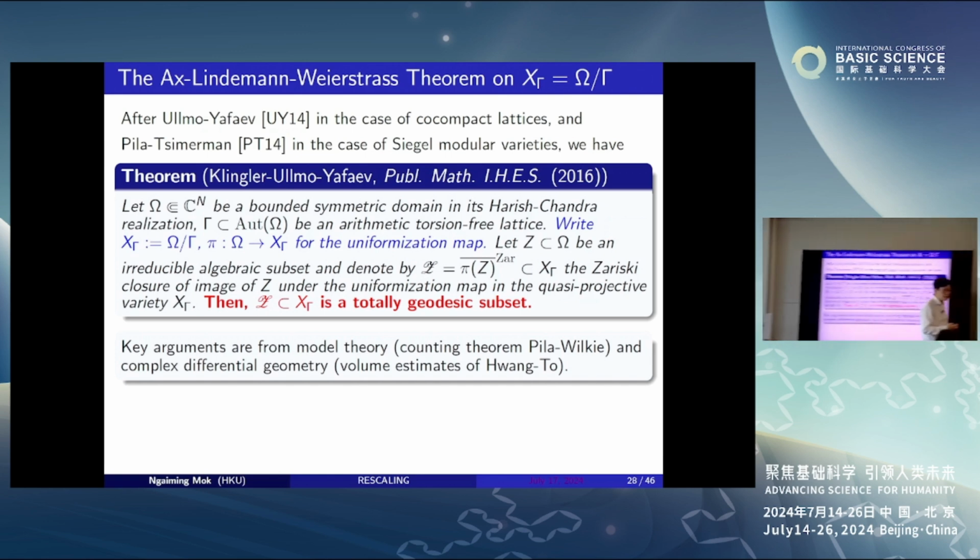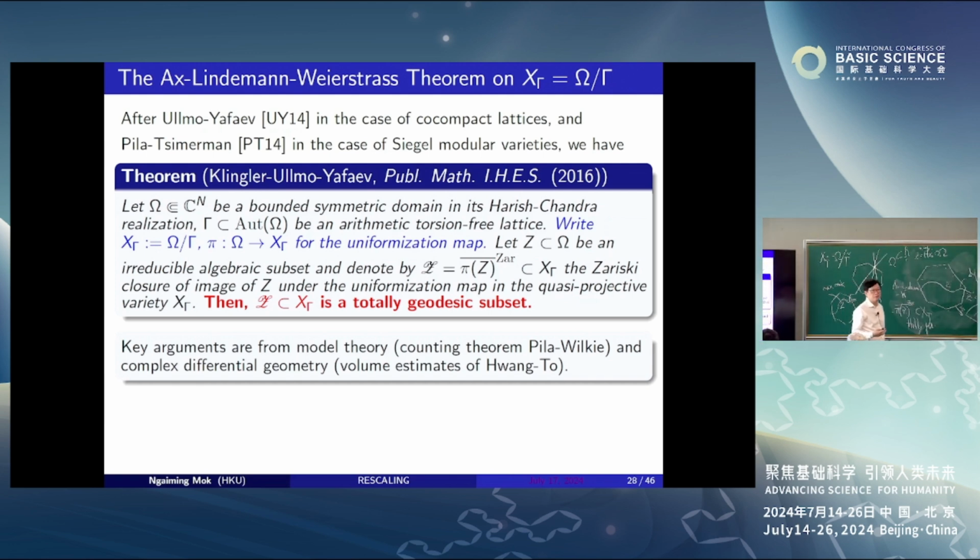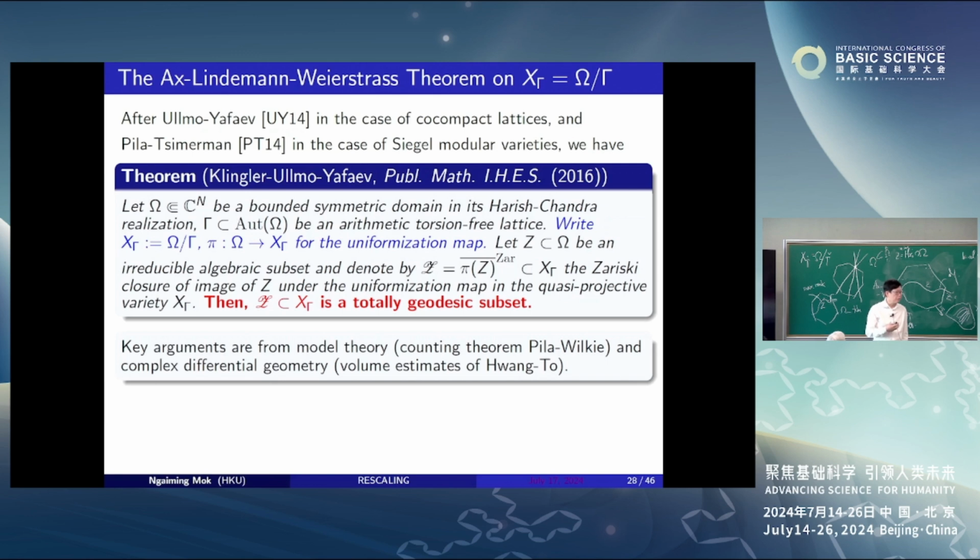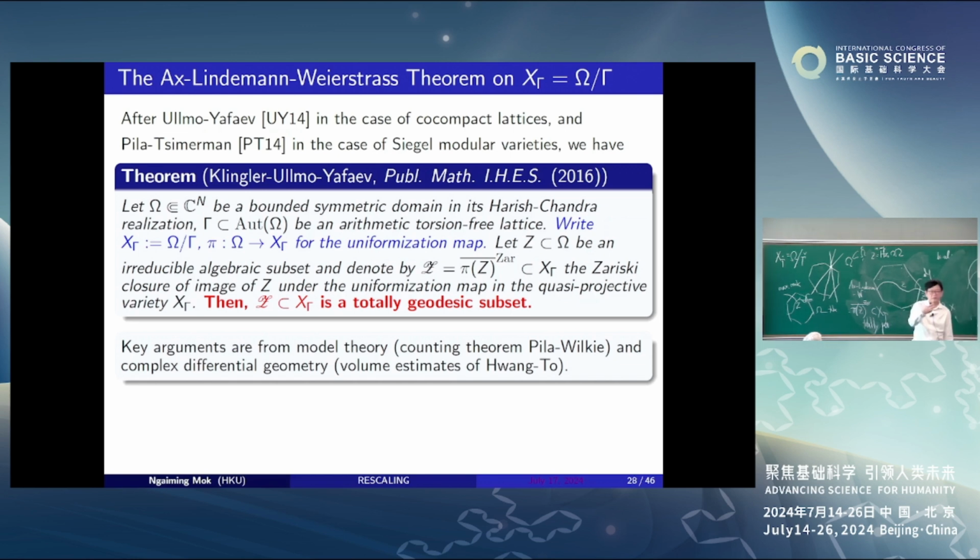It makes use of Hodge theory, complex differential geometry and work of Huang–To, and also, very importantly, makes use of what is called O-minimal theory. This O-minimal geometry found its way into complex geometry, as was already discussed at the conference in Italy, for instance. So there were many different applications of this O-minimal geometry.